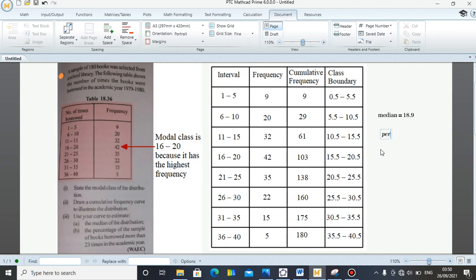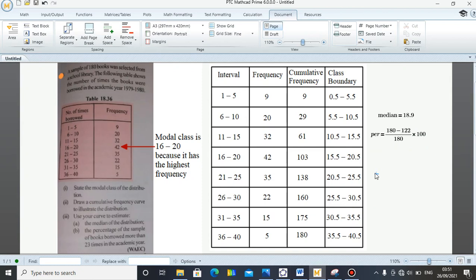So the percentage is going to be equal to 180 minus 122. Take note of this. Then whatever you have here, you need to divide it by the total 180, then times your result by 100. So final answer should be what?